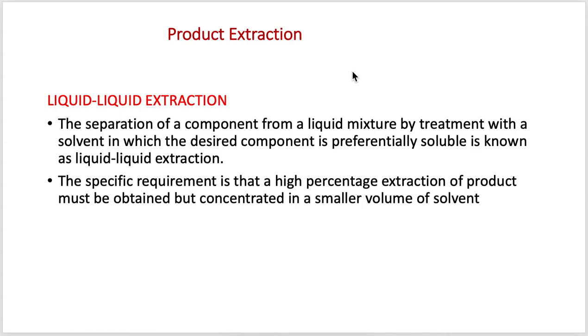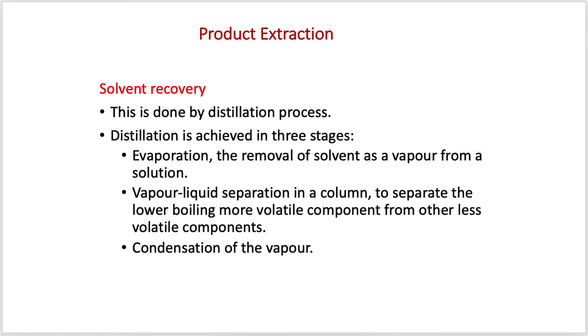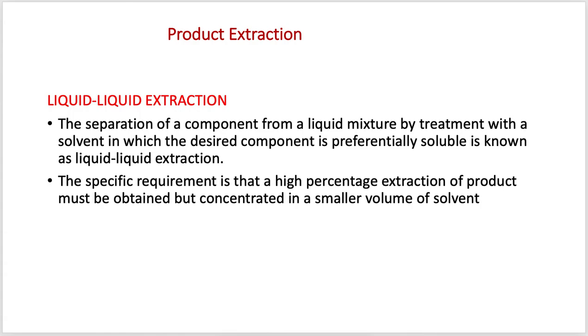There are different methods of doing that, for example solvent recovery, chromatography, and using membranes. Now I'll talk about those. First, solvent recovery. The process of solvent recovery is, say our product is in the liquid, so we need to add a chemical in which our desired product will be dissolved.